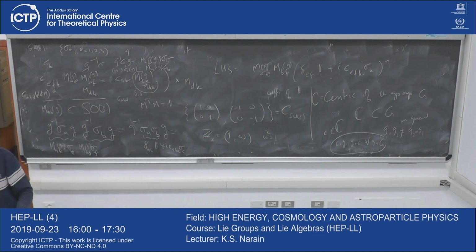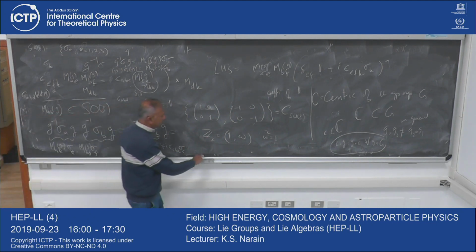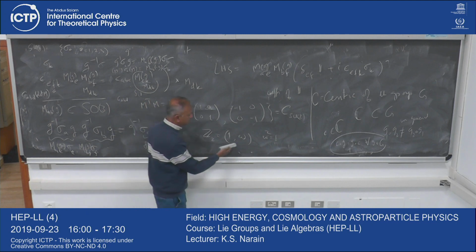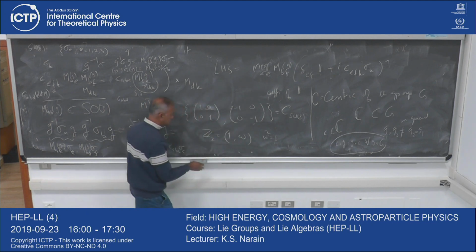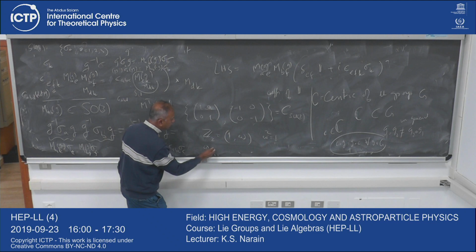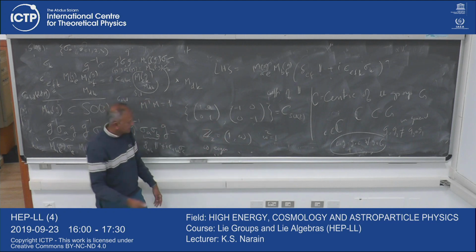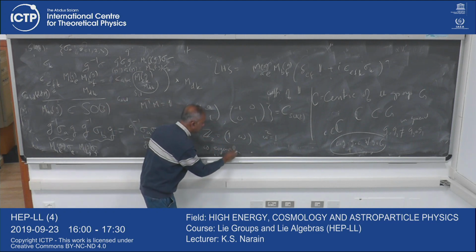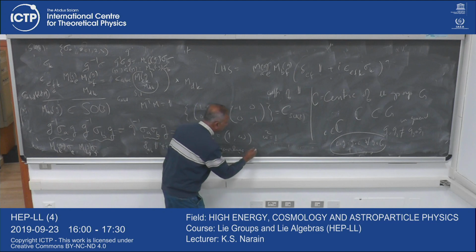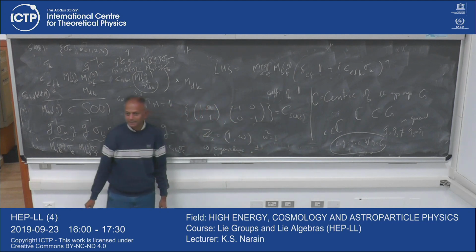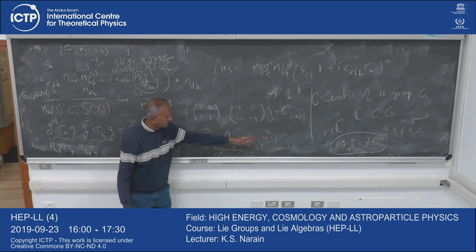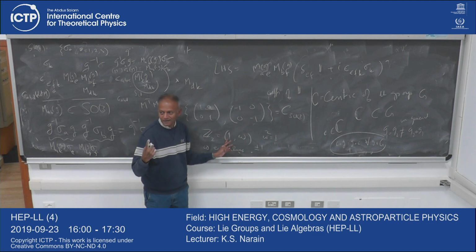And clearly, if I look at the eigenvalues of omega in some representation, eigenvalues of omega can be only plus or minus 1, because omega square is identity, and identity always has eigenvalue 1 in a representation.